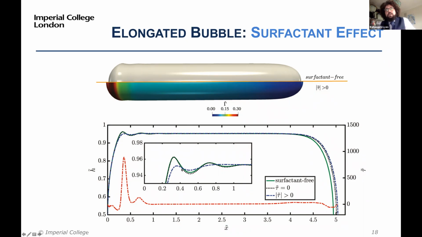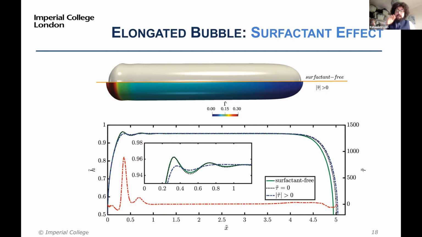When you add surfactant, you have here on the right panel the Marangoni stress. And see how the Marangoni stress has a peak right on the tail of the bubble. So that means when you are doing a simulation with surfactant, it's not enough just to reduce the surface tension.